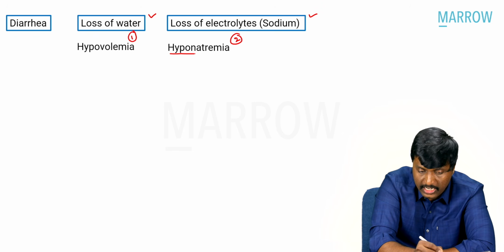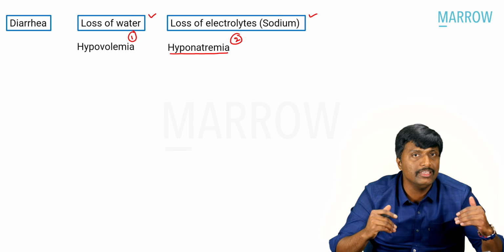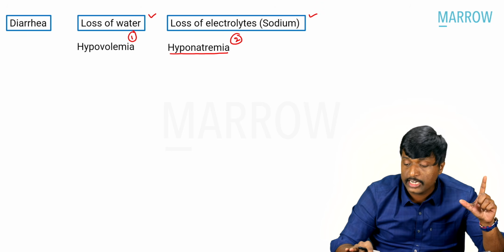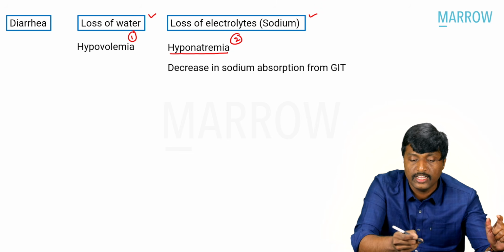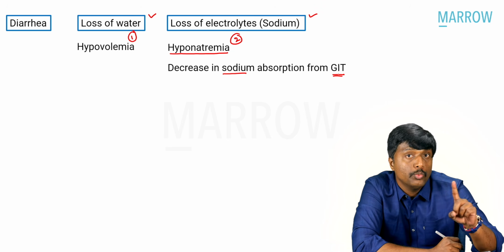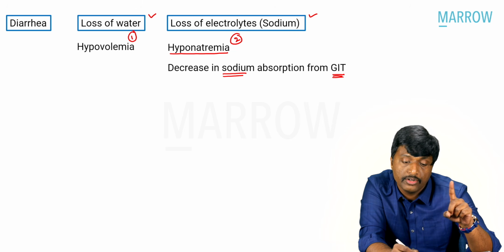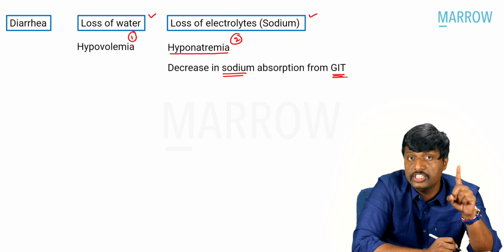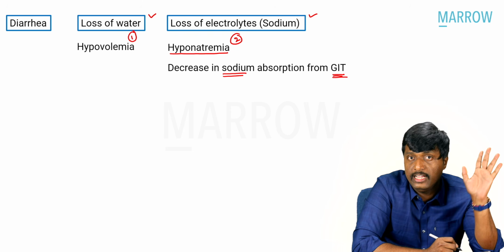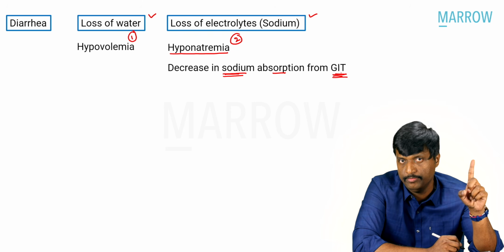With this hyponatremia, remember, there is enhanced excretion of sodium in the feces. So correspondingly, there is decreased absorption of sodium from the GIT. There is one option in our question, decrease in sodium absorption from GIT, a very potential candidate for the answer. Yes, I agree. Decrease in sodium absorption from GIT.